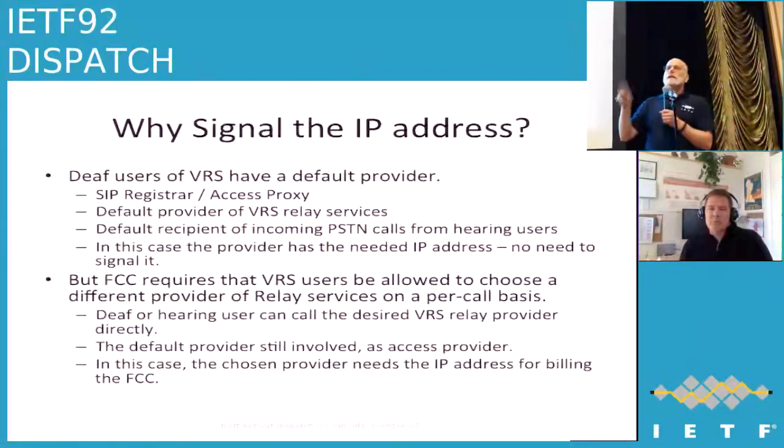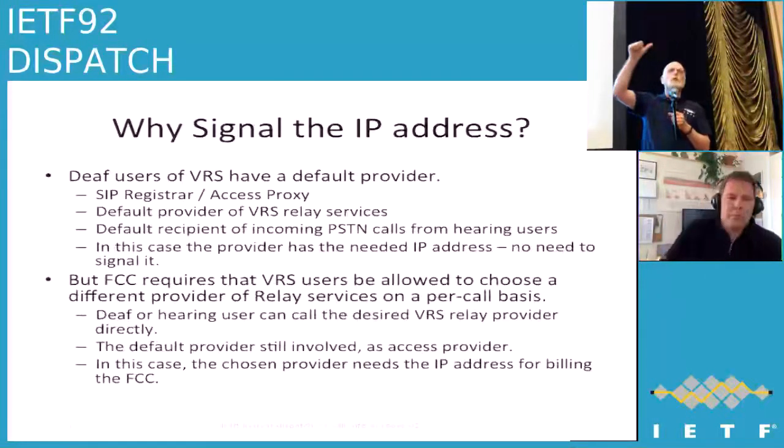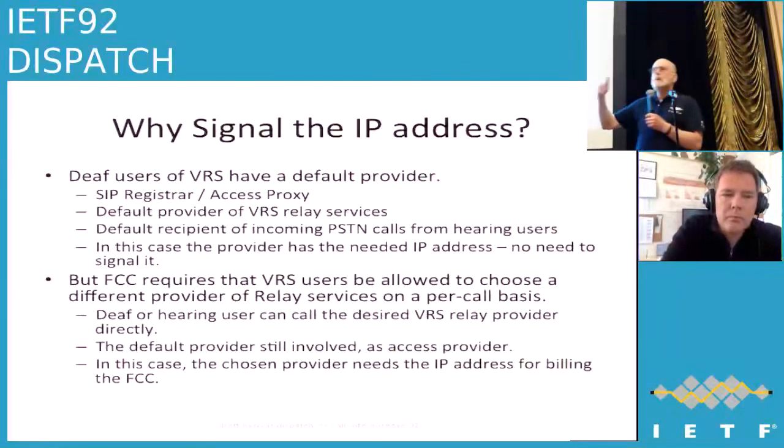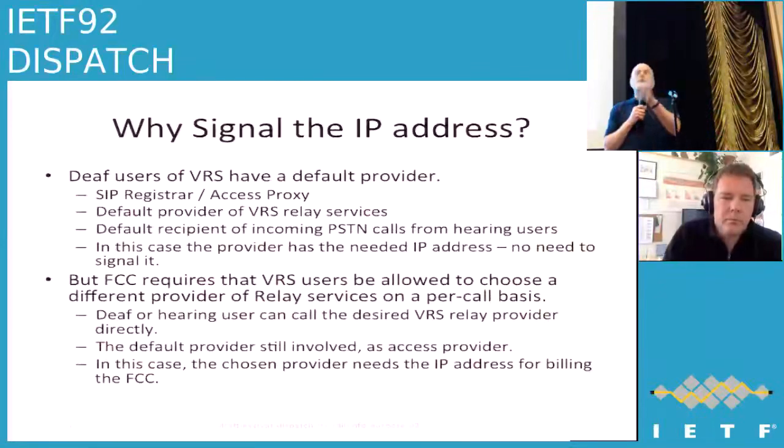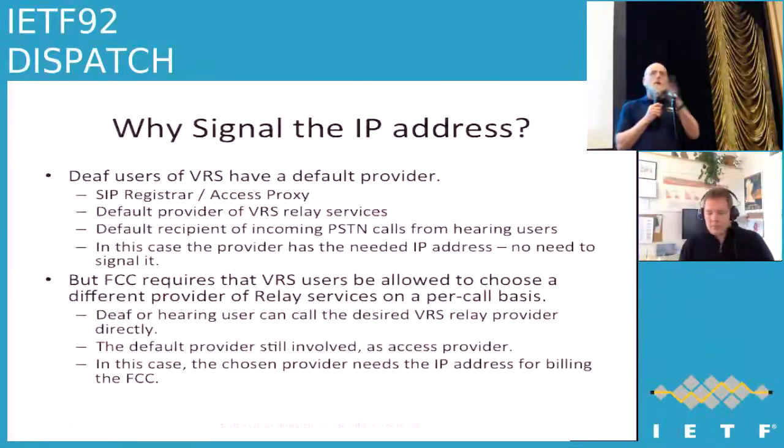So the problem when you do that is that the default provider is the one for whom the SIP register was done and the outgoing call is sent to, and then he's going to route the call over to the dial-around provider, and the dial-around provider will place the call to the hearing party, or the other way around.